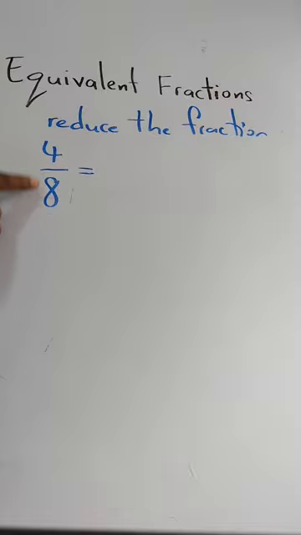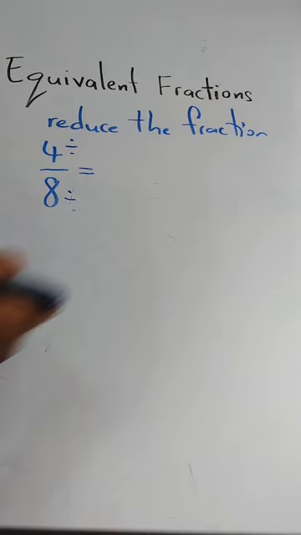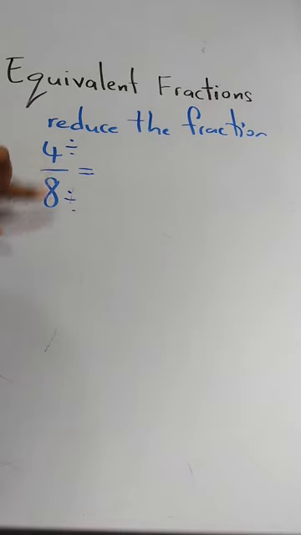In order to reduce it to its simplest form, reduction means I'm going to divide, and I need to find the highest common factor of both numbers. So for the numbers 4 and 8, I'm looking for what number can divide 4 and 8 without leaving a remainder, and I want the biggest one.